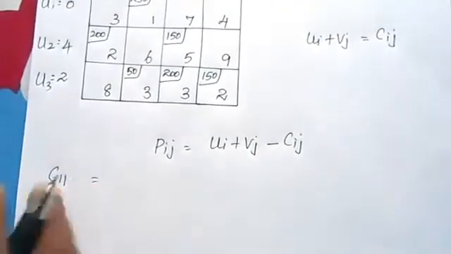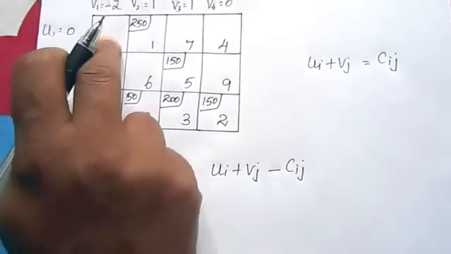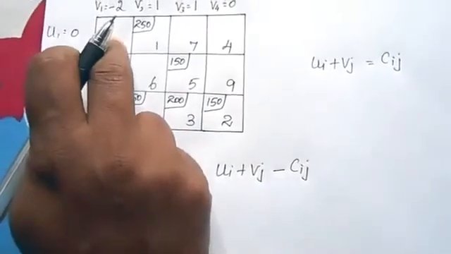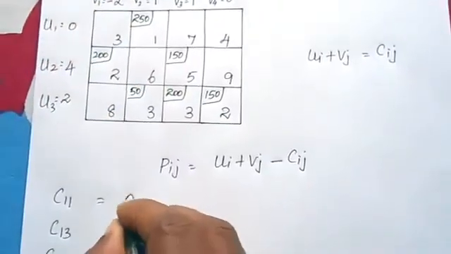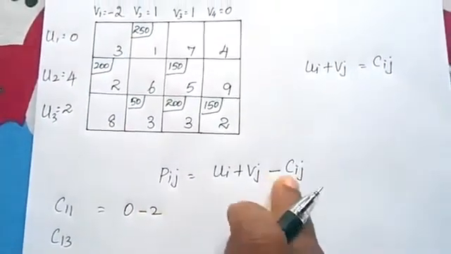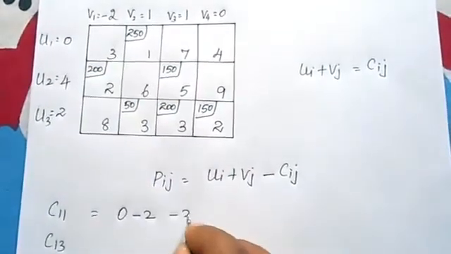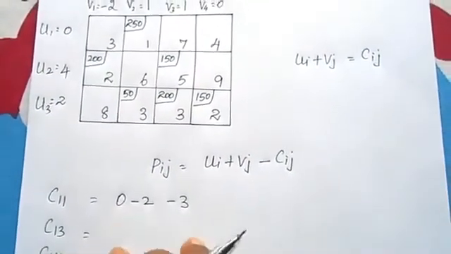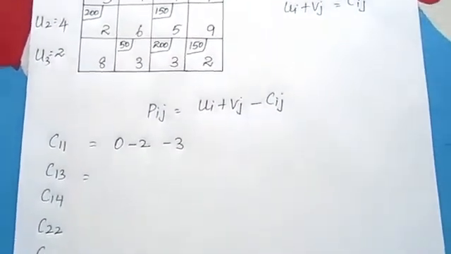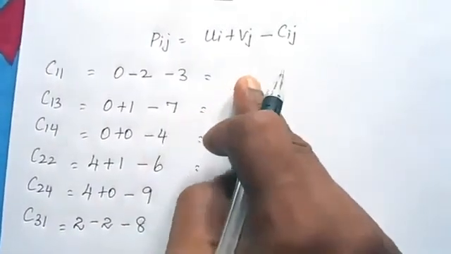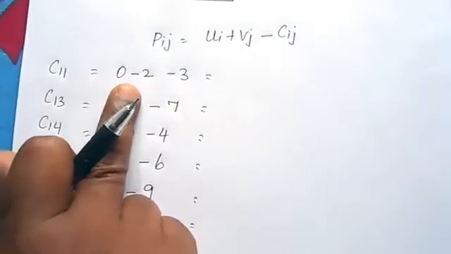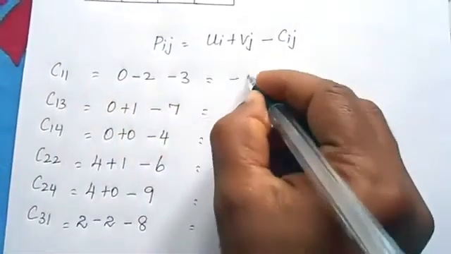Penalties. So C11 is 3. What are the U and V values? U value is 0, V value minus 2. So 0 minus 2, Cij 3, minus 3. In the same way, find the values for all other unallocated cells. Now find the penalties for all unallocated cells. So the first one is 0 minus 2 minus 3, minus 5.